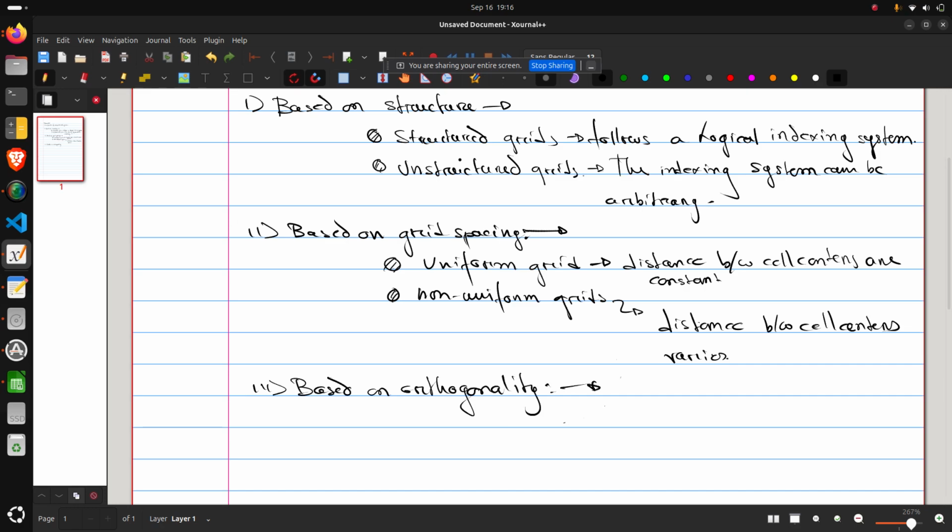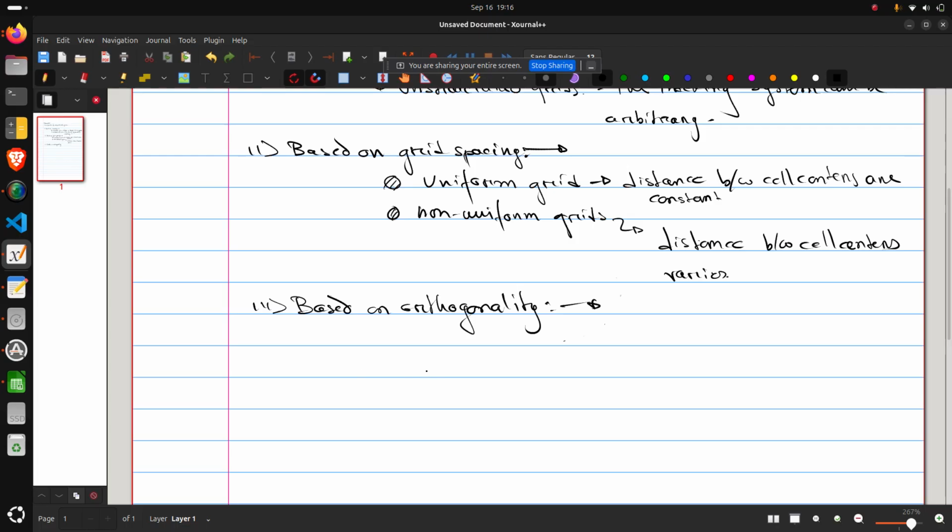Based on orthogonality, there can be orthogonal and non-orthogonal meshes. What does it mean?